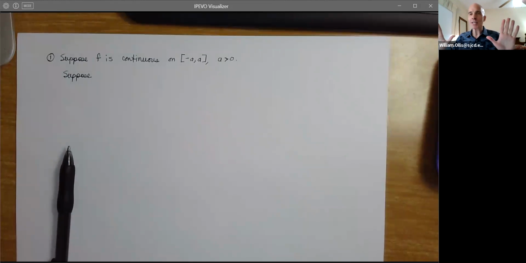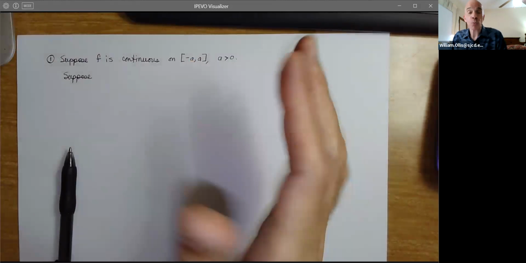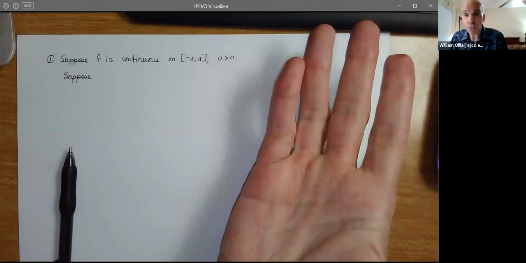I'm used to teaching in a classroom where I can make gestures and things, and obviously I can't do that here. But when you do your even and odd functions, you have to have a symmetric interval. You have to have a full complement of the interval. So when I talk about even and odd, I must have a symmetric interval. The real line, that's symmetric about zero, right?